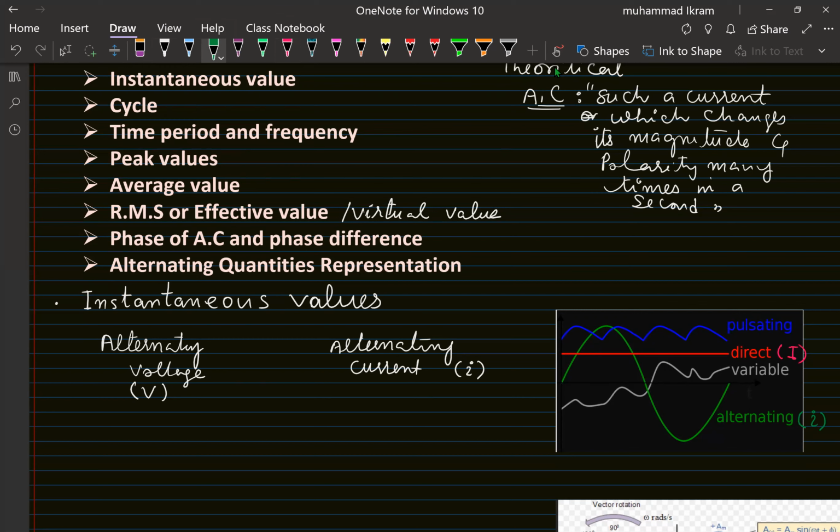Now look, we also have pulsating current, which quickly contracts and expands, as you see in this diagram.